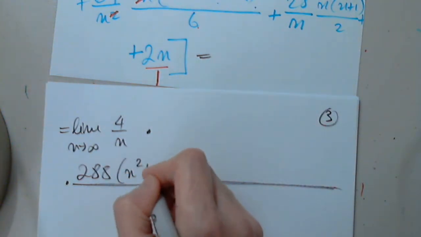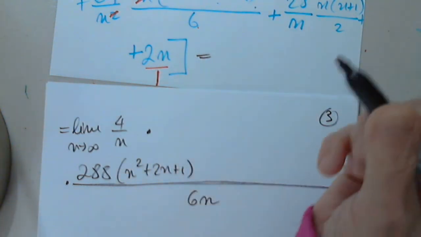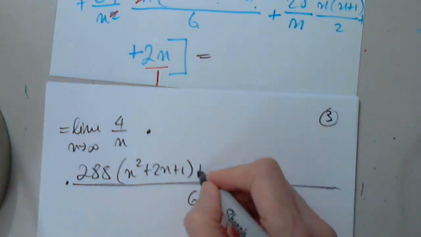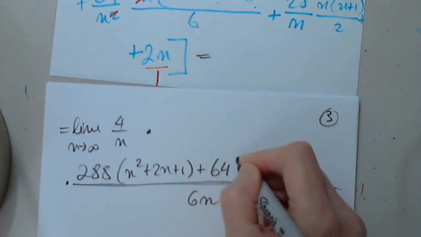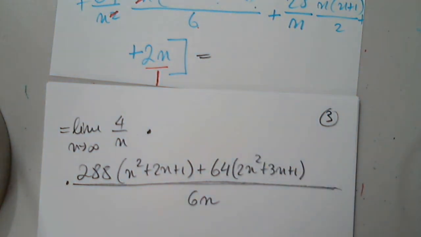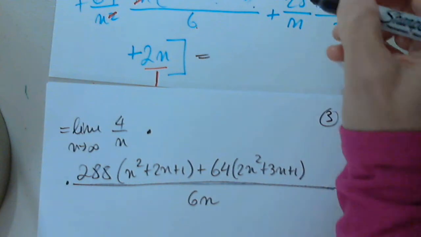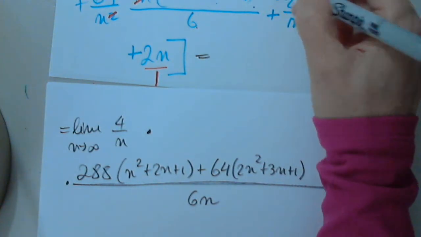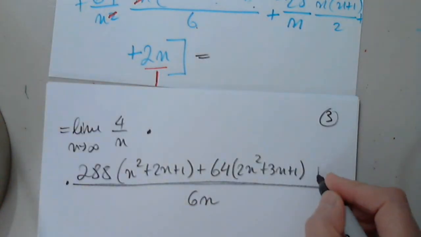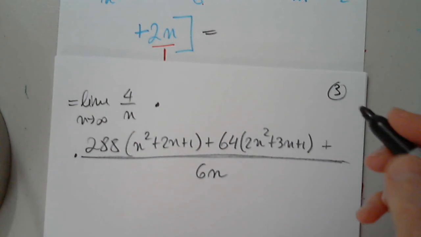Multiplied by n squared plus 2n plus 1. This is 6n, that's fine, so I only have plus 64 and 2n squared plus 3n plus 1. This one has 2n, so it needs a 3. So 3 times 28, 84. I still ran out of room.